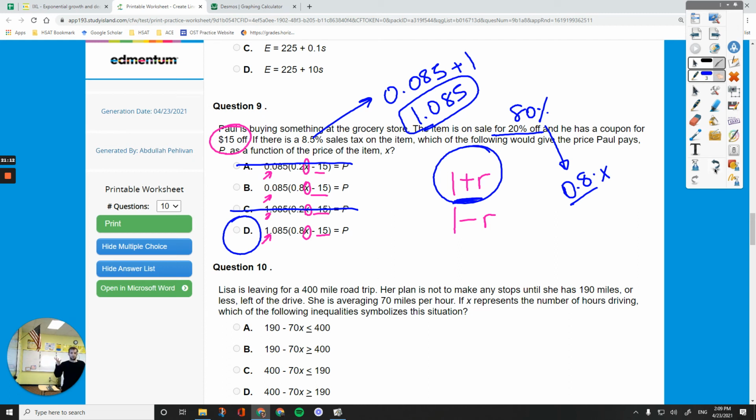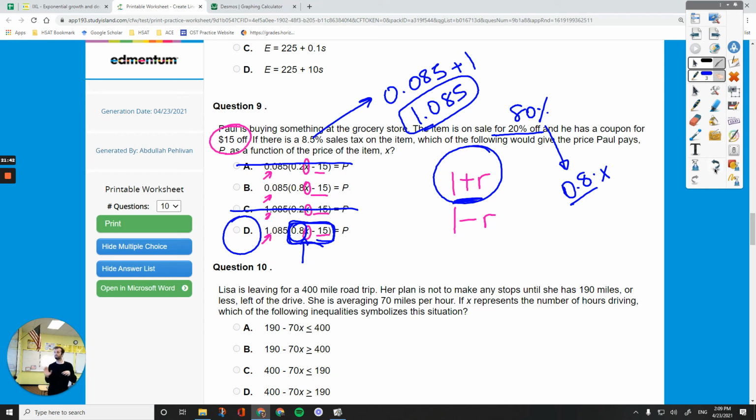Okay, so first, we took the original amount that we don't know, which is why it is x, and then the 20% discount leaves us with the other 80% that he needs to pay. 80% as a decimal is 0.8. And then after this, there's going to be a $15 discount, which is right here, minus 15. And then whatever that amount is, he's going to pay 8.5% sales tax.